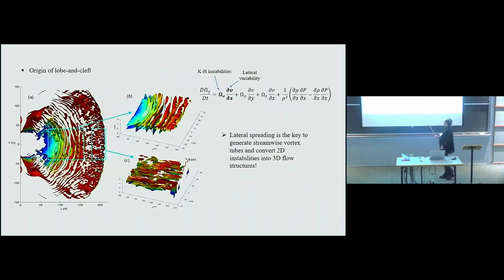So here is a visualization of turbulent coherent structure using simply the Q method. What you see here is that 80 meters downstream of the lift-off point, you see these relatively laterally uniform rollers. This is basically the Kelvin-Helmholtz instability. But as you move further downstream, you start to see more lateral variabilities.